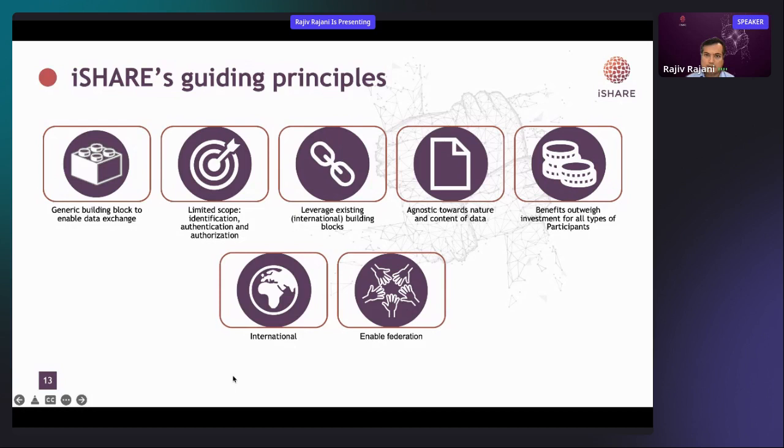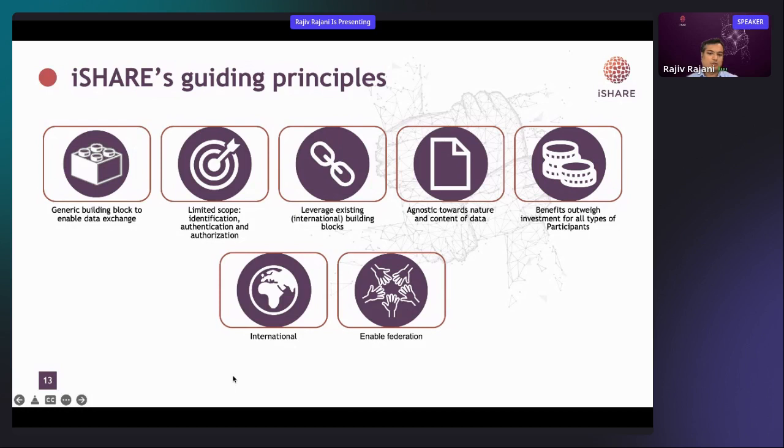Most important, the framework itself is very agnostic to the nature or content of data. So data exchange can happen using any mechanism, any standard. The data model can be anything. It can be a standard data model. It can be proprietary data. It doesn't matter.